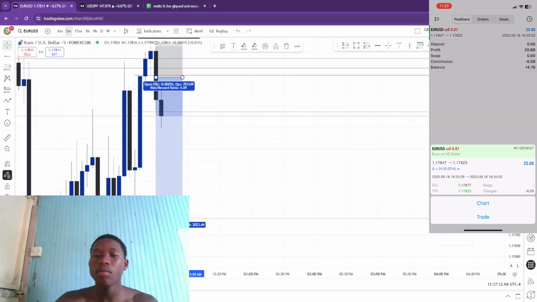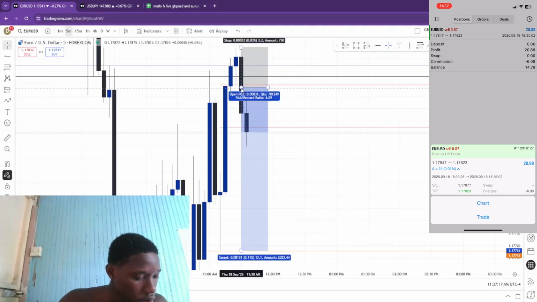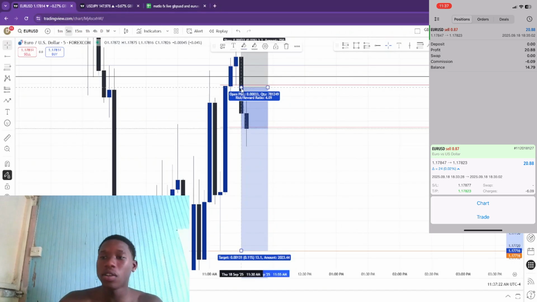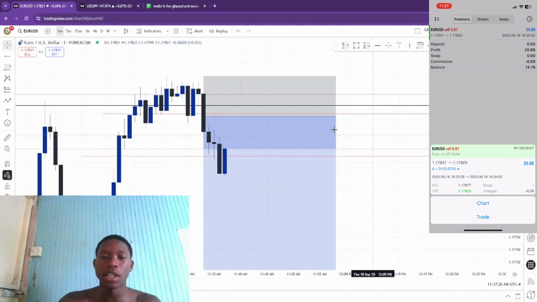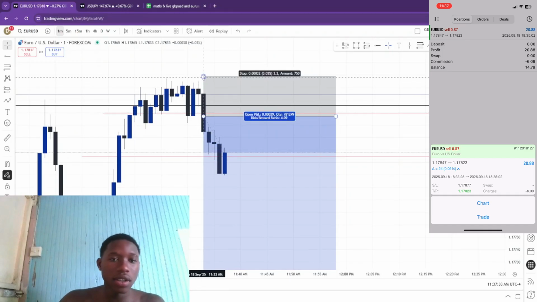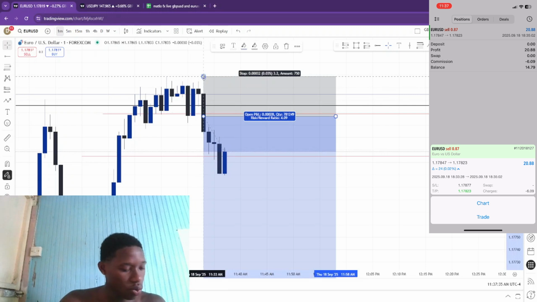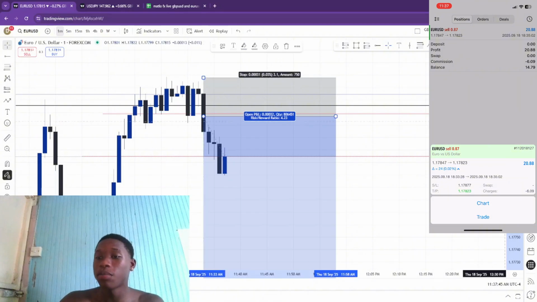Guys, we entered that trade at 1.17847. That's where we entered the trade, on the 1 minute, right there. Our stop loss was at 1.17877, below that.